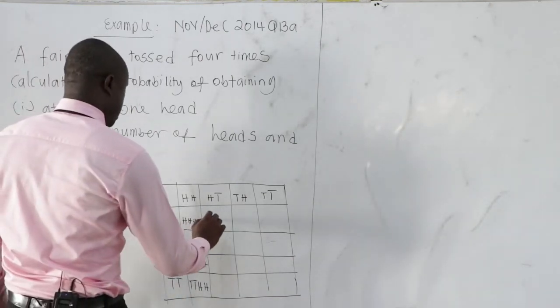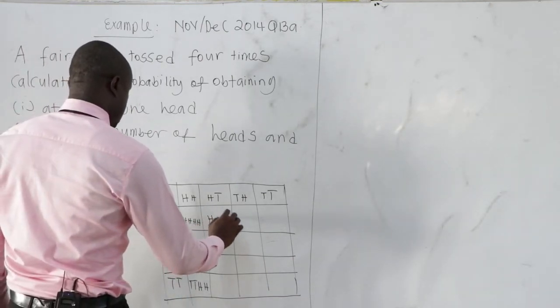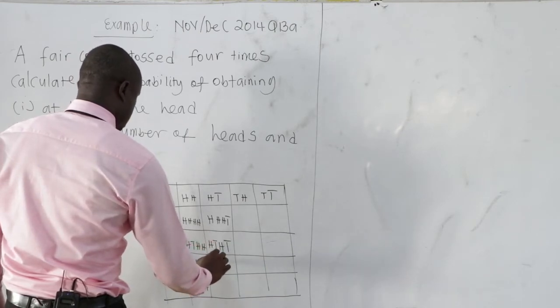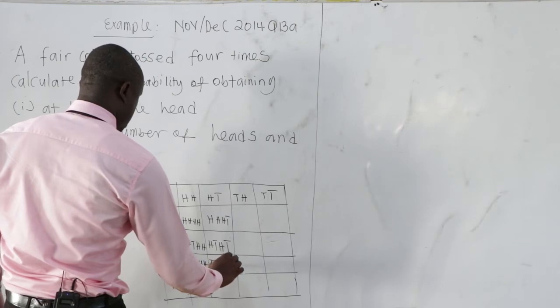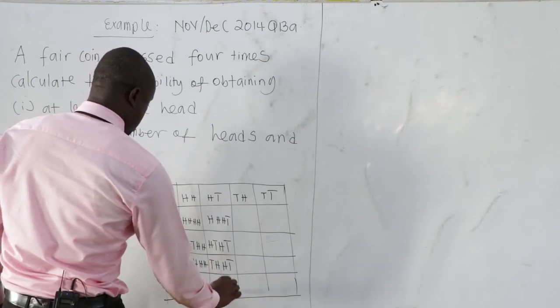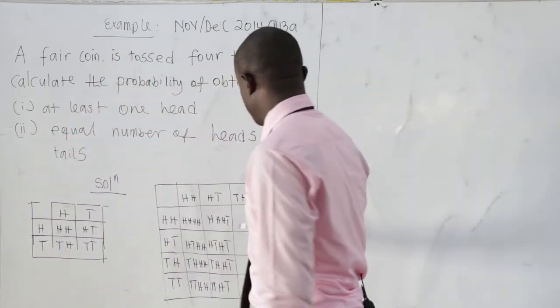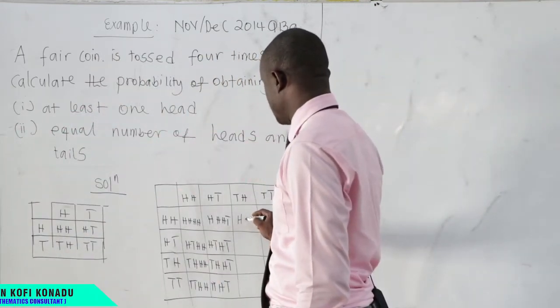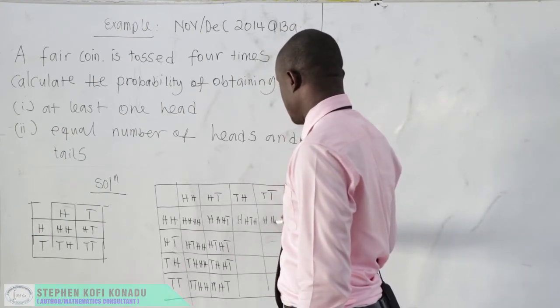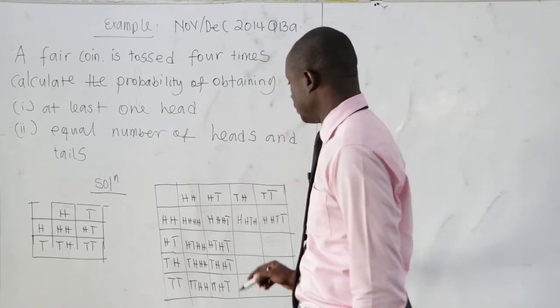Now this will give us head, head, head, tail. Head, tail, head, tail. Tail, head, head, tail. Tail, tail, head, tail. Now this will give us head, head, tail, head, head, head, tail, tail.